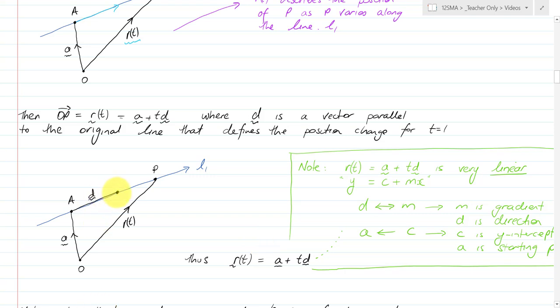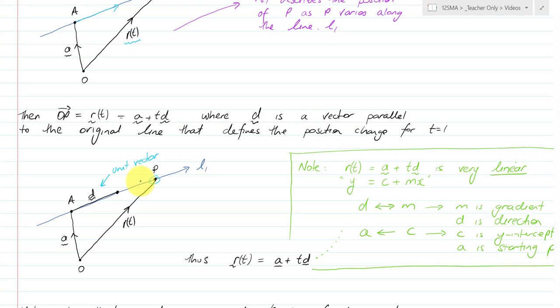So in this case, I've denoted D kind of like the unit vector that's parallel. But you know what? It's not commonly actually a unit vector, and we don't specifically aim to use a unit vector. So D could just be any vector. In actual fact, if we have a second value on the line, D is often the distance between A and P. So it's that simple.